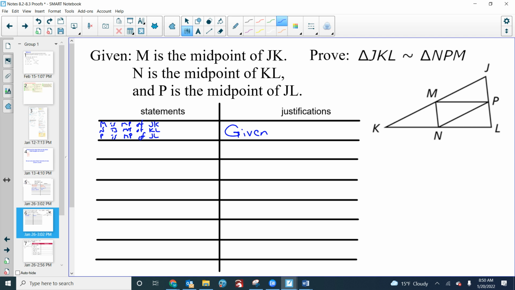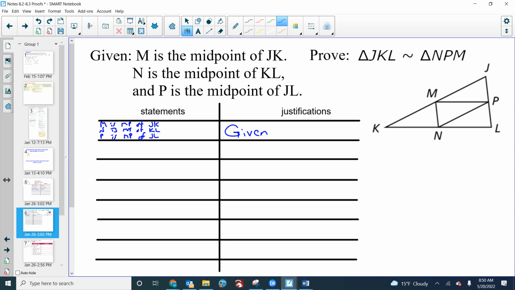Let's back up. Does anyone remember what MP is called, or MN, or PN, when you connect the midpoints of the sides of the triangle? That was in the same section. Jared?